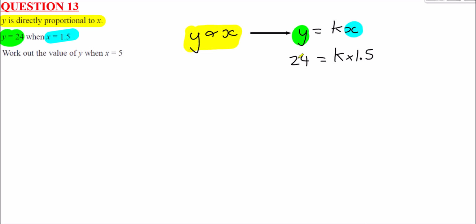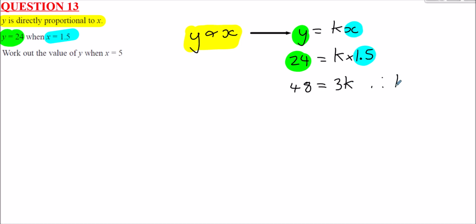Now, being as this is a non-calculator paper, I'm going to give you a way of making this simpler. To get rid of the decimals, I'd double the 1.5, and if I double this side, I double the other side. Double 24 gives 48, and double 1.5 gives 3, so k times 1.5 doubled becomes 3k.